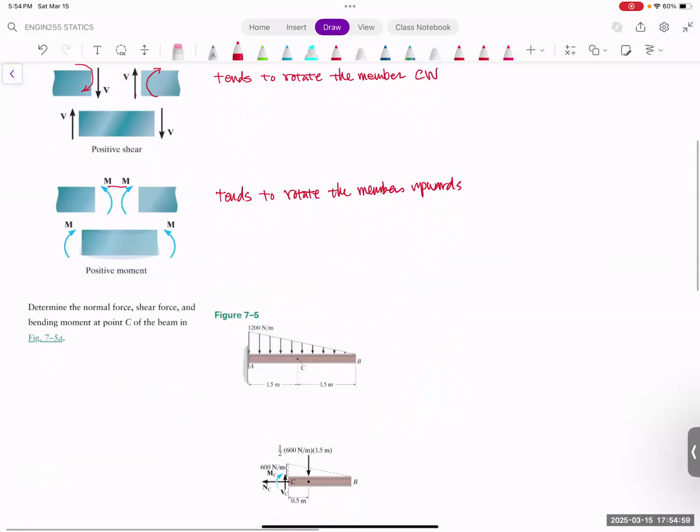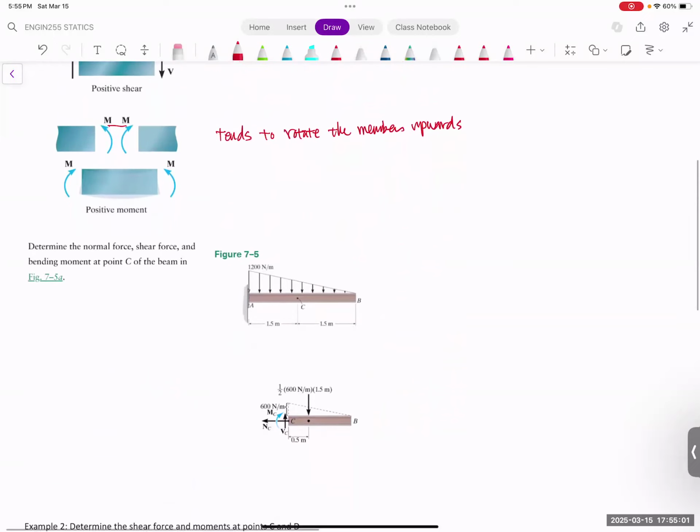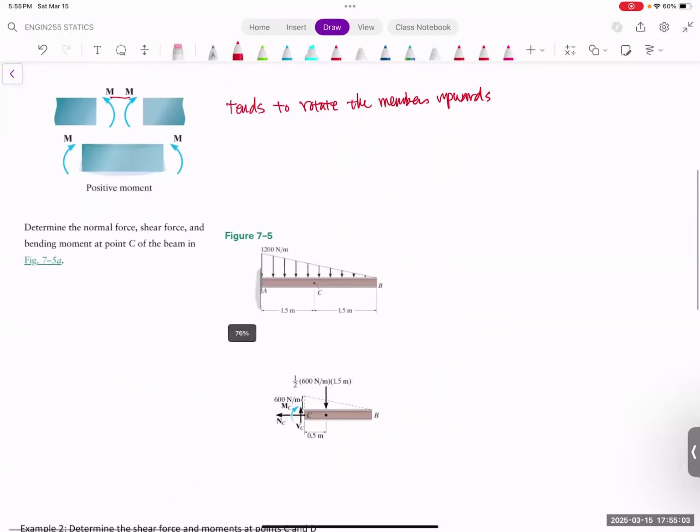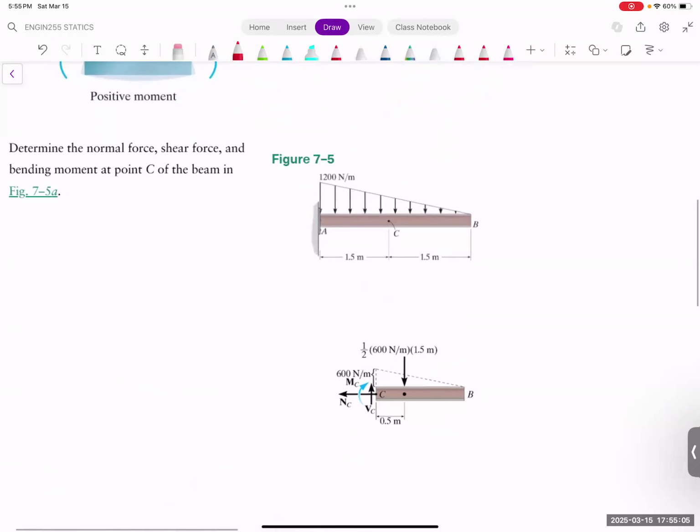Let's use an example to explain how we do the calculation. Over here, I'm going to start with an example. We want to determine the normal force, the shear force, and the bending moment at point C of this beam.